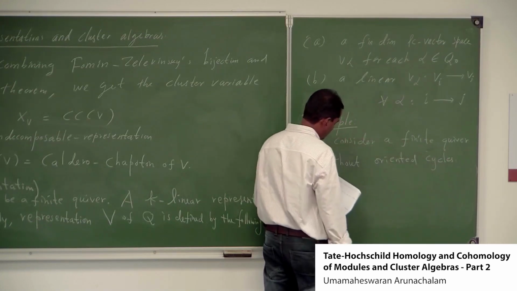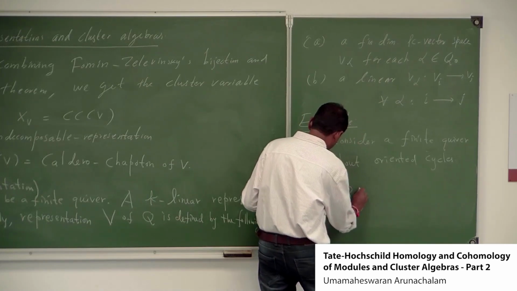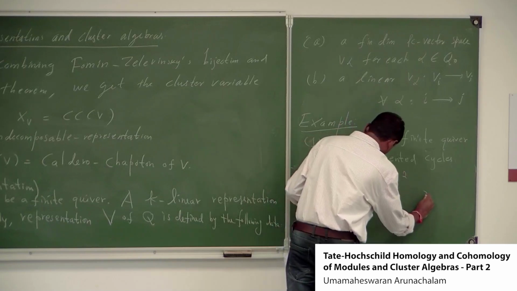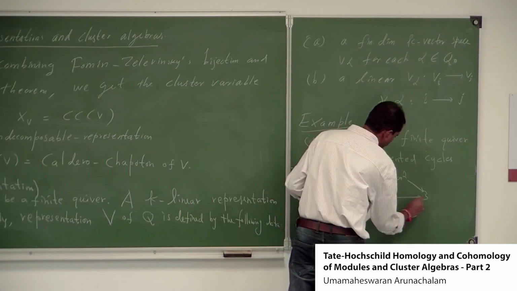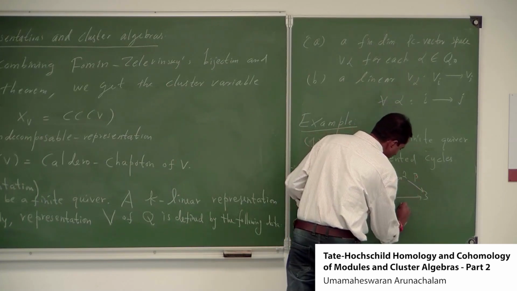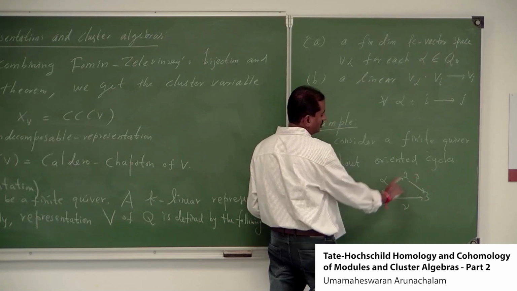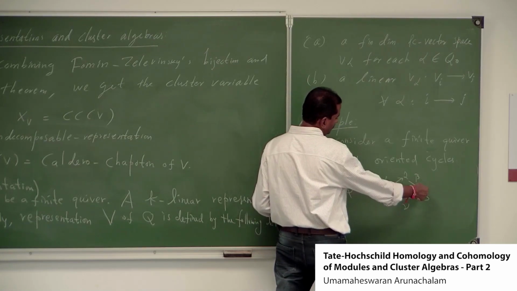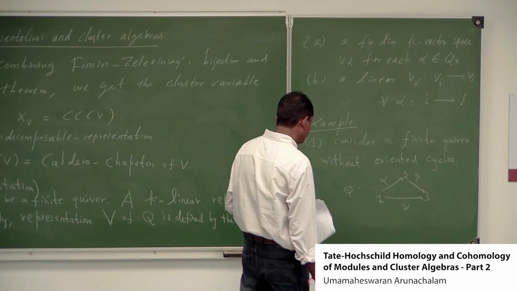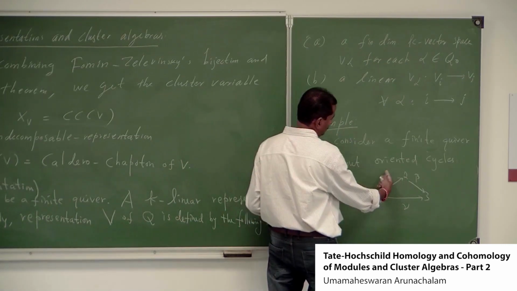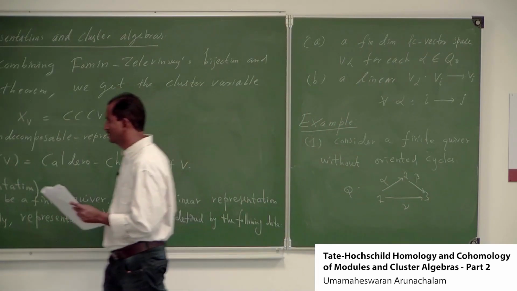Take vertices 1, 2, 3 with arrows alpha from 1 to 2, beta from 2 to 3, and gamma from 1 to 3. We cannot make an arrow from 3 to 1, because that would form an oriented cycle. This is an example of a QR without oriented cycles.